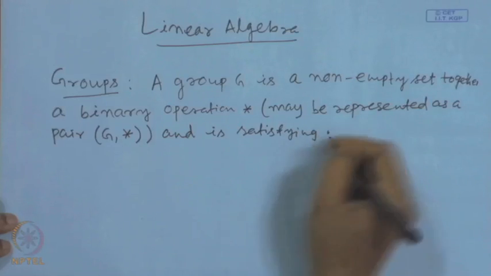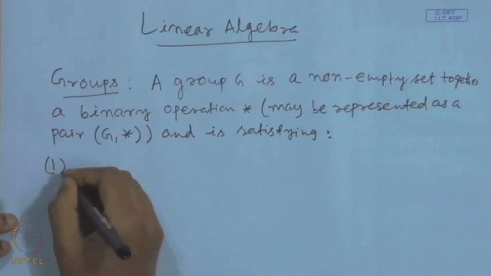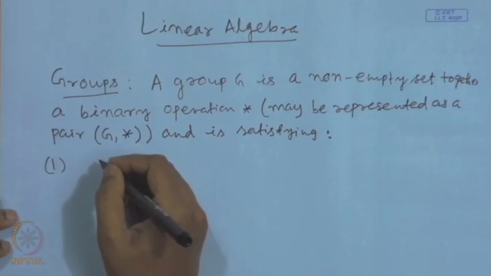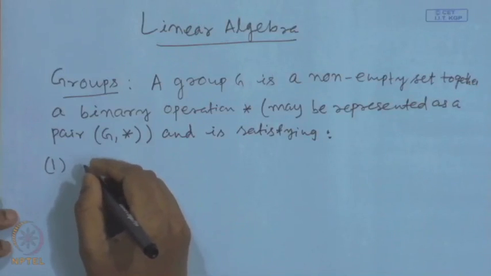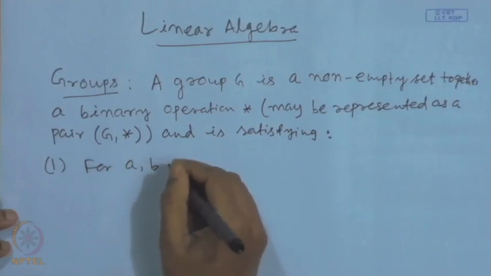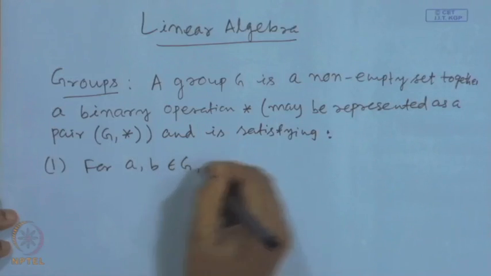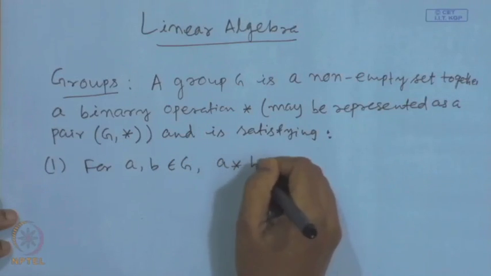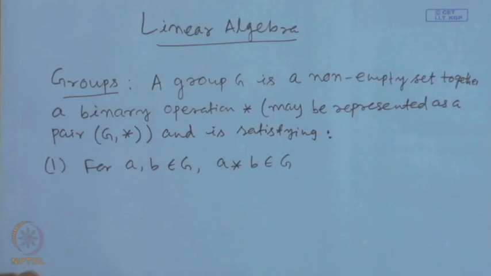the following conditions. First one is called closure property. For any two elements A and B in G, A star B belongs to G. This is called closure property.